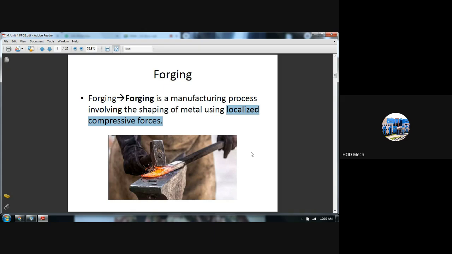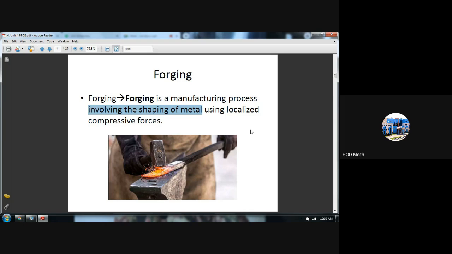So forging nu sonna, it is a manufacturing process, no doubt in that. சரி, அதுல சந்தேகம் வேண்டாம். If it is a forging, it is a manufacturing process. Okay. Now if it is a manufacturing process, what does it do? What actually you are doing in this particular process called forging? So for that you have to specify that it involves the shaping of metal.